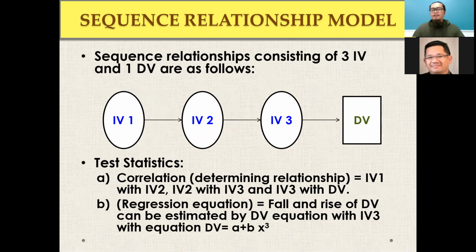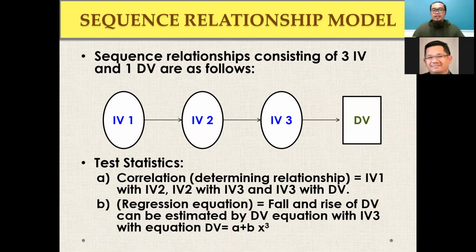We can see in the figure the relationship between IV1 to IV2, IV2 to IV3, and IV3 to the DV. So again, correlation, determining the relationship of IV1 with IV2, IV2 with IV3, and IV3 with DV. This method of relationship, we call sequence relationship models.